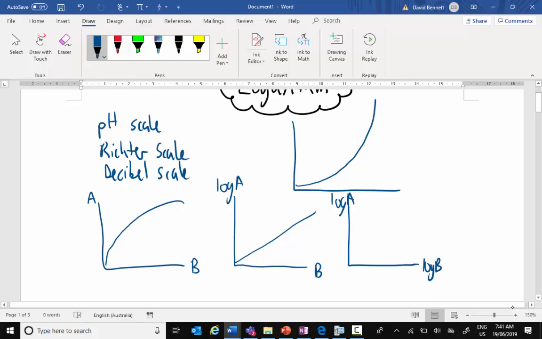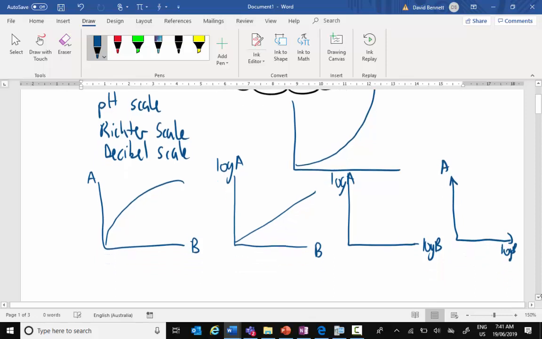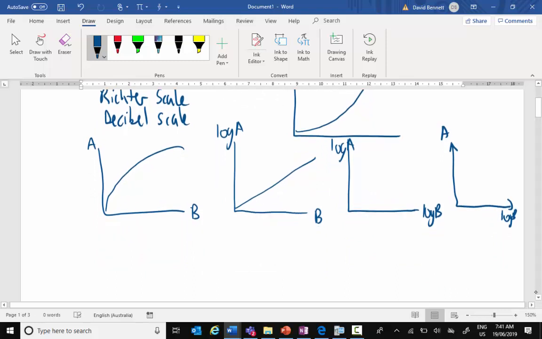Or the third one I might go A versus log of B. In each of these cases, you're going to get a straight line relationship.